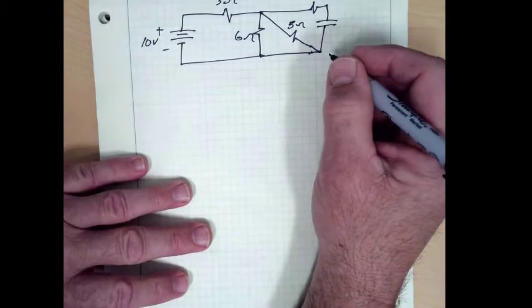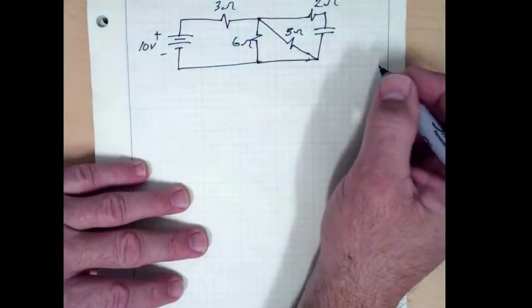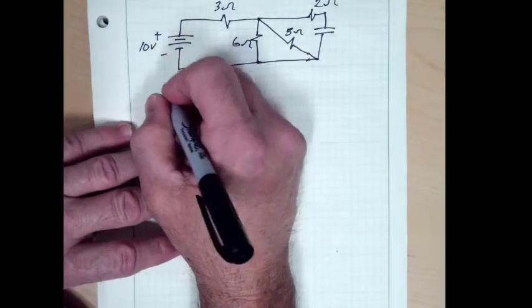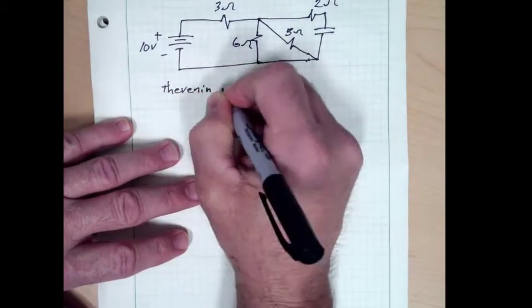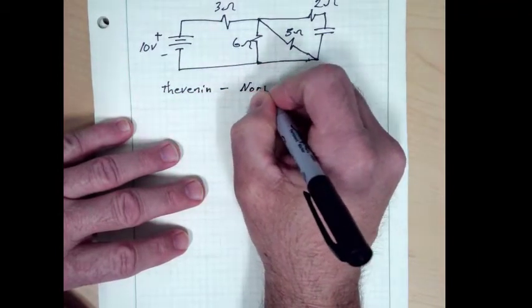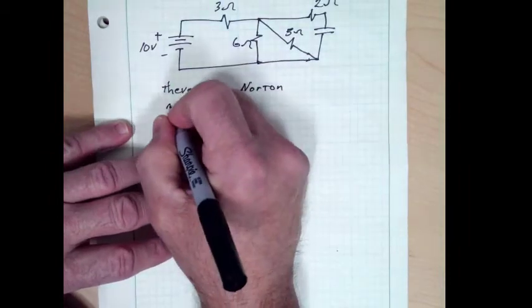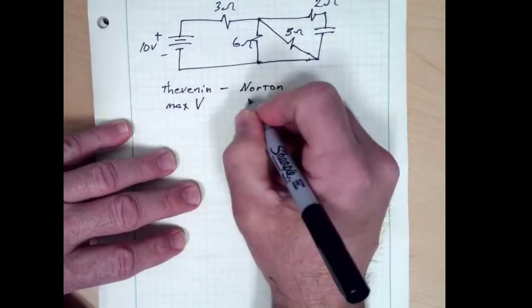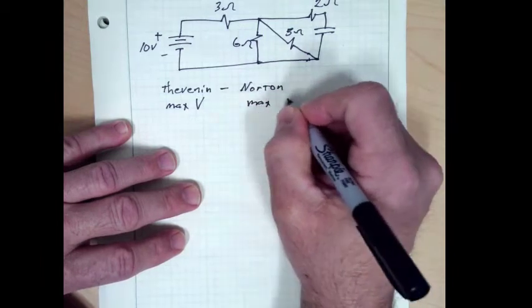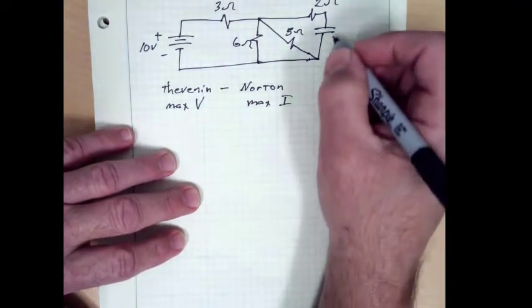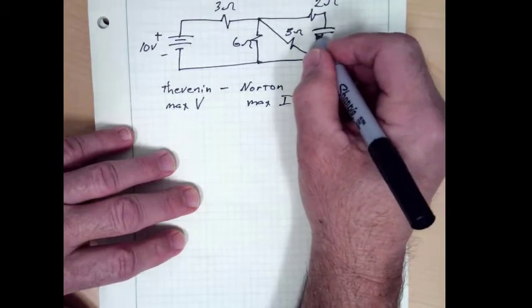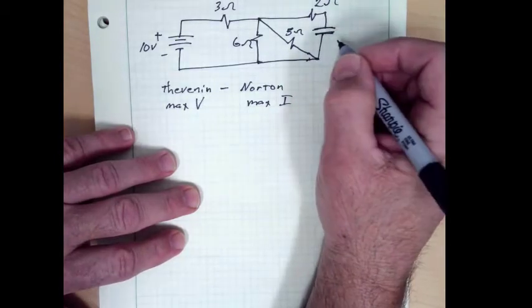And again, if we're going to analyze a capacitive circuit, we have two steps. We have a Thevenin analysis and we have a Norton analysis to do. Why? Because we need to find the max voltage and we need to find the max available current to that capacitor. The capacitor is modeled as two parallel plates with an open in between them.